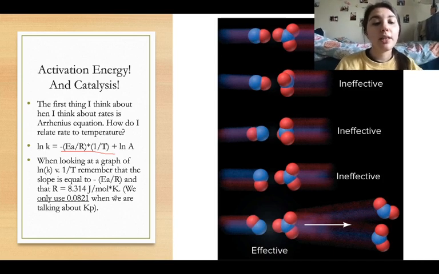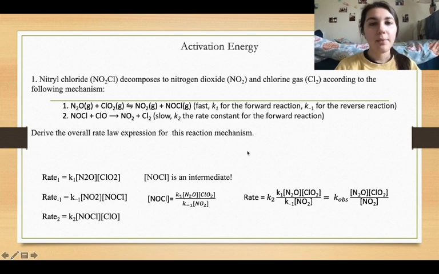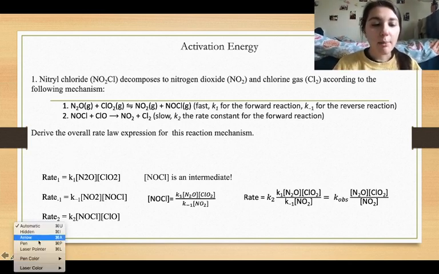And when you are using Kp, so when you're working in pressures, R is actually in bar, so instead of joules per mole it's going to be 0.0821 instead of 8.314. So be sure to pay attention to the units that you're using and the actual phases that your reactants and products are in.